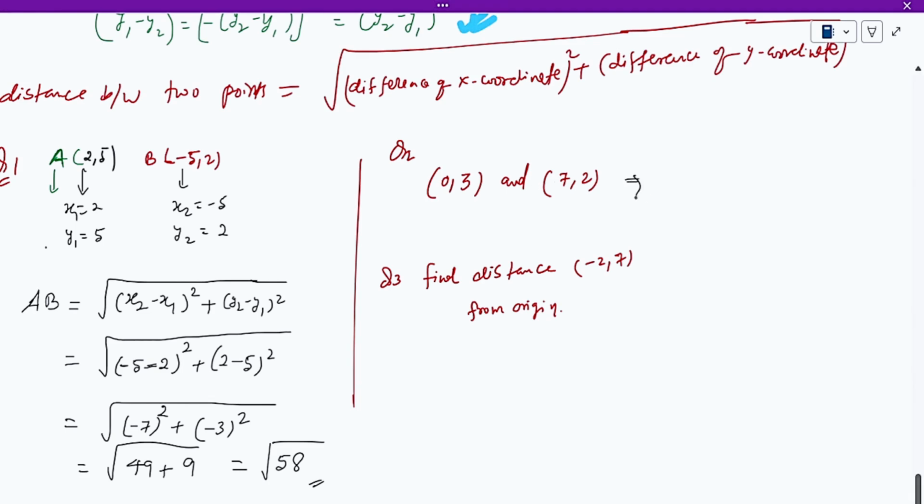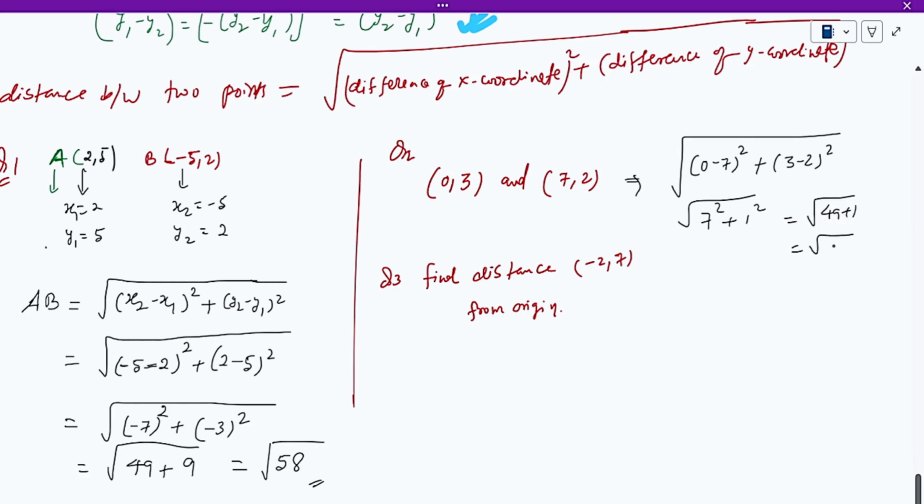So directly you understood now the difference of x means 0 and 7. I mean 0 and 7 square plus the difference of 3 and 2 square. So this is 7 square and this is 1 square. So this equals 49 plus 1, which is root 50.